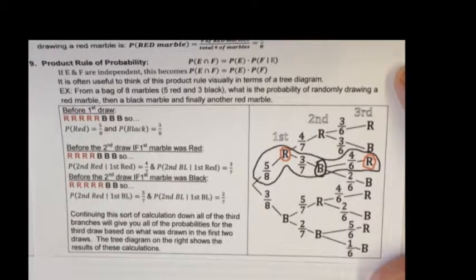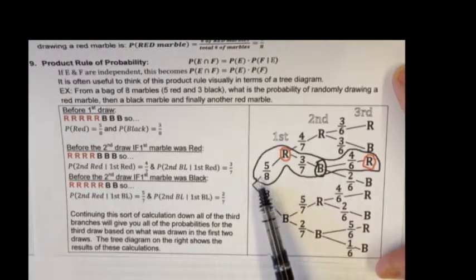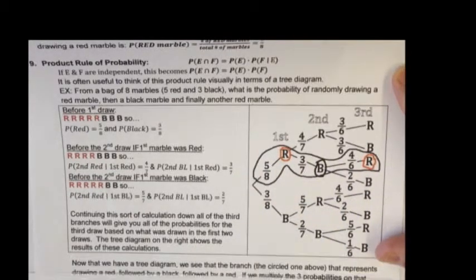The main point is you really don't have to label them all because we're looking for a particular branch. We're looking for the probability that the first one was red, then the second one was black, and then the third one was red. So that's this branch right here. And as we discussed, whenever we calculate the probability of something that represents a branch on the tree, we multiply.